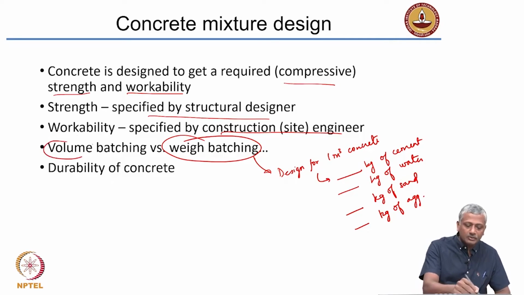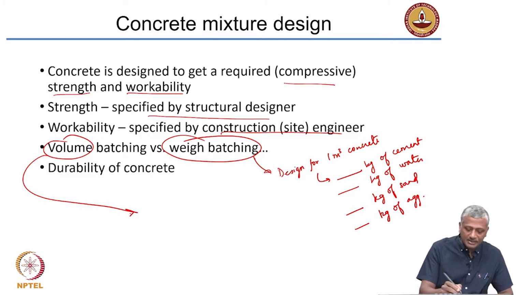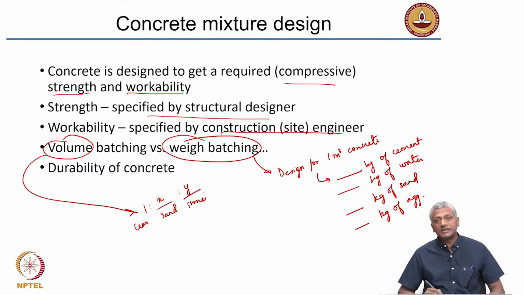Now, volume batching is what you see being practiced in many residential sites. They have a measuring bucket or a measuring cuboid in which they actually measure the quantities by volume. They generally say 1 part of cement to some x parts of sand to some y parts of stone. When the mix design is presented in terms of 1:x:y, typically we mean it by volume.